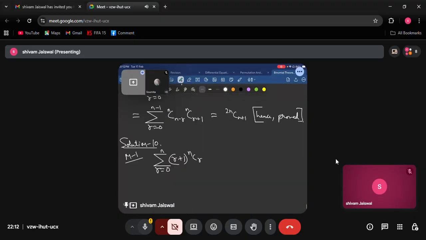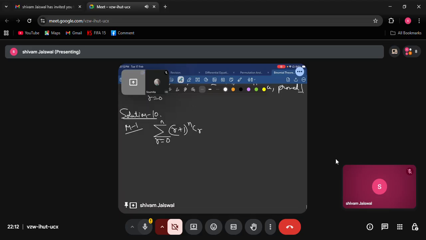So over here, can I write it as summation of r equal to 0 to n r into nCr plus summation of r equal to 0 to n nCr.